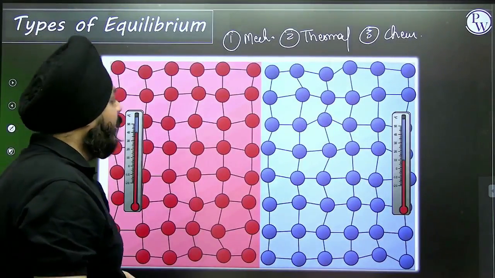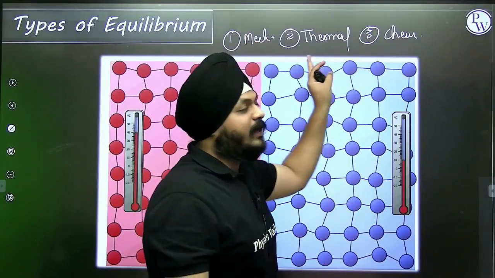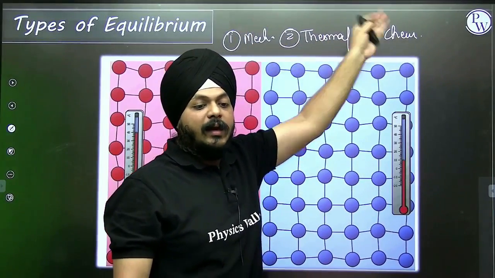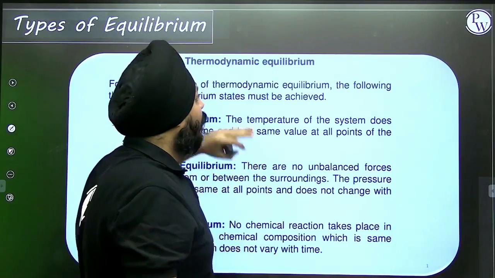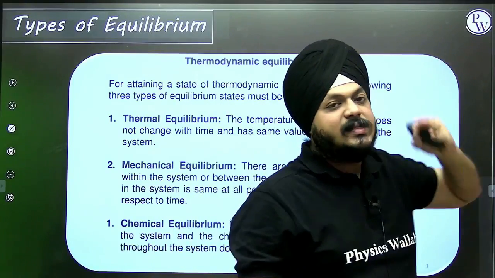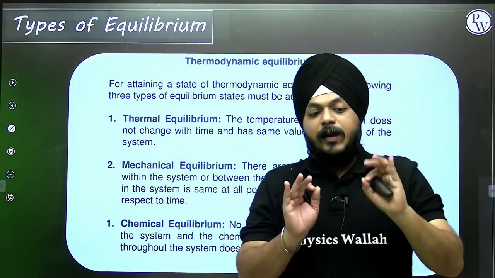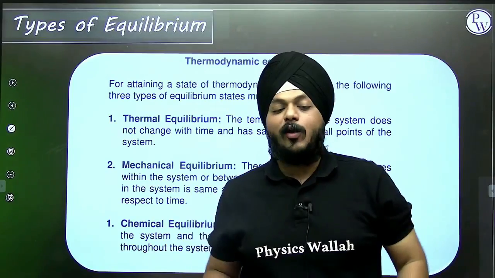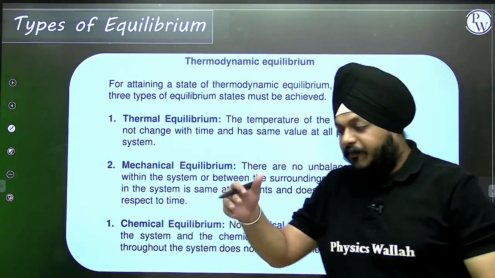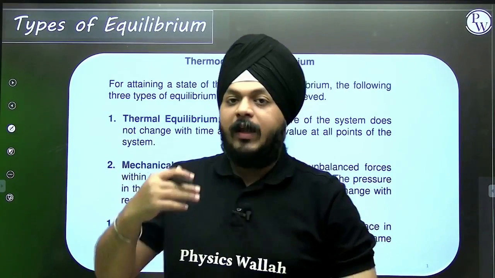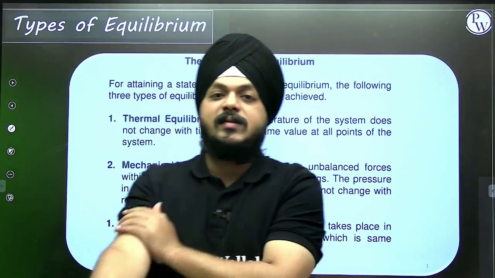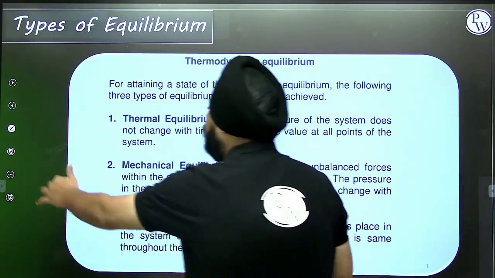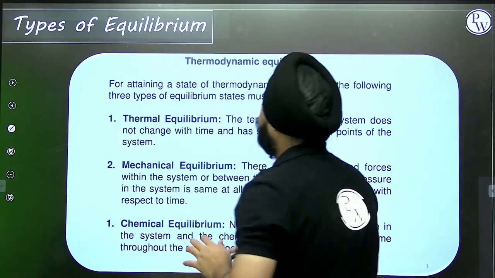Basically, we have mechanical equilibrium, thermal equilibrium and chemical equilibrium. You are all completely aware of the equilibrium definition, but moving on to the classification of equilibrium, we are going to understand some important points related to it.